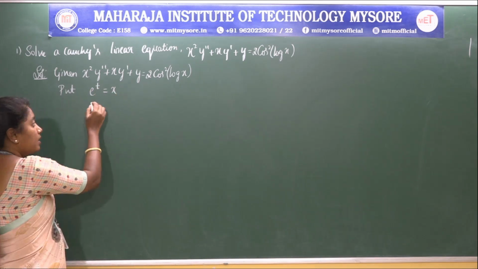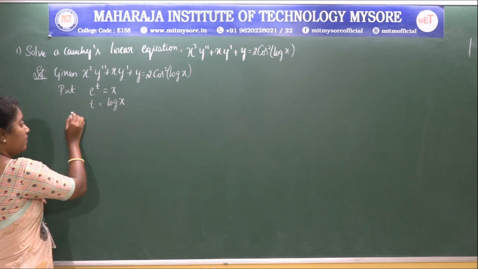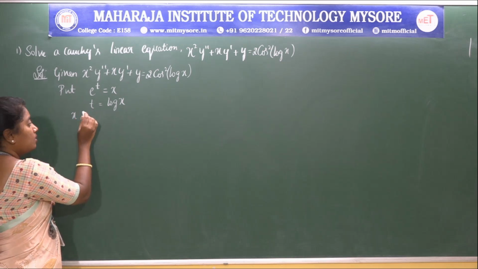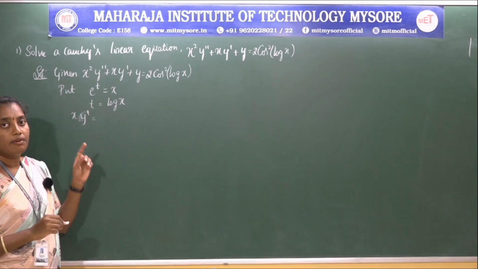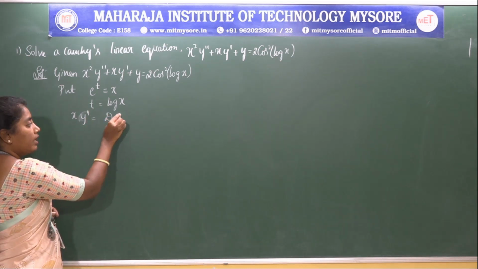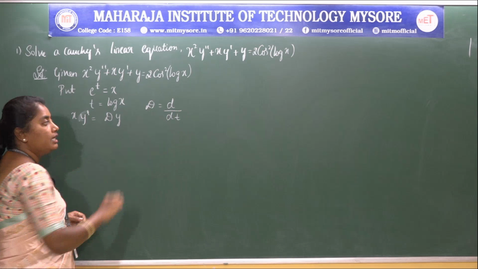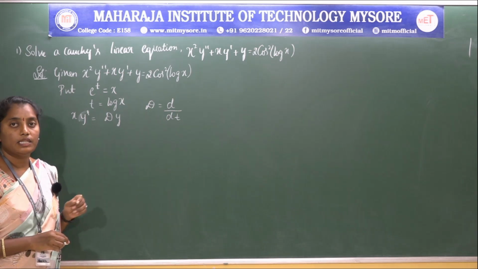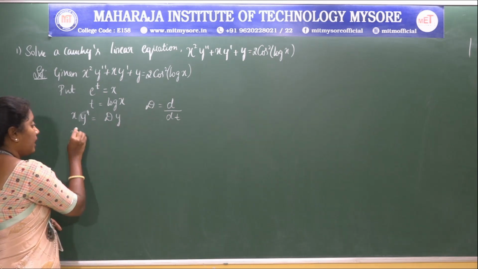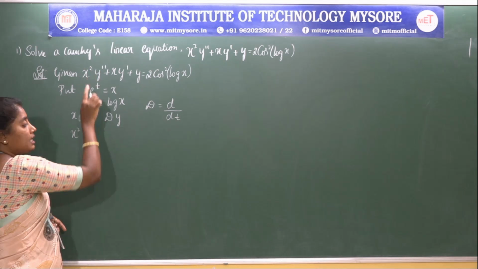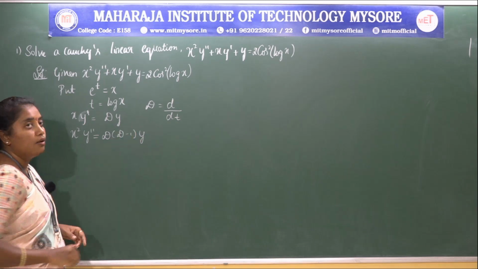If e power of t is equal to x, then t is equal to log x, and x into y dash means first derivative is Dy. Here this capital D is the derivative with respect to t. x into y dash is equal to Dy, and x square y double dash, that is the second order derivative, is D into D minus 1 of y.